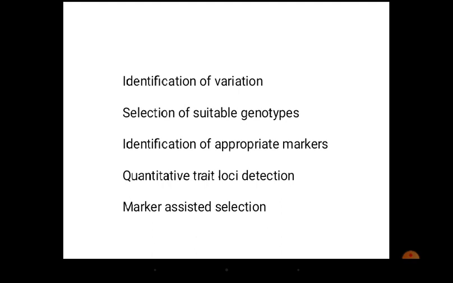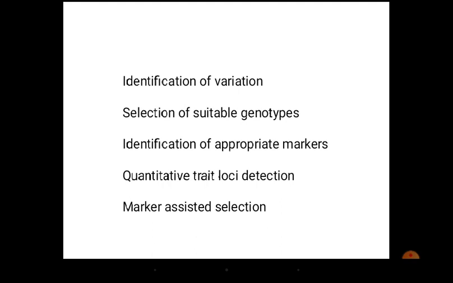In the same way, there is one more, called MAS, marker assisted selection. Just now in this slide I explained that proteins and enzymes can also be used as markers along with the genes or alleles.